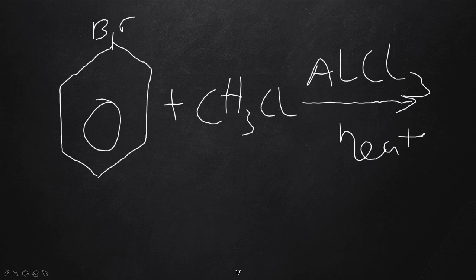As I told you, it's going to take the alkyl group, in this case the methyl group, and direct it in the ortho and the para direction. I've talked about Friedel-Crafts reactions, so if you want to know about their mechanisms, you can go back to the previous video and check it out. So let's go on.